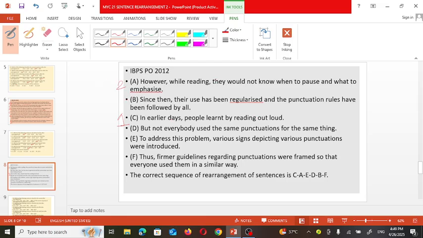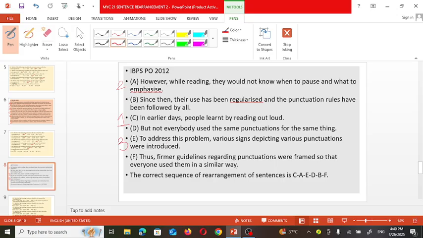Second, however, while reading, they would not know when to pause and what to emphasize. That was their problem. So to solve the problem, what action was taken? To address this problem, various signs depicting various punctuations were introduced. So these symbols were introduced.